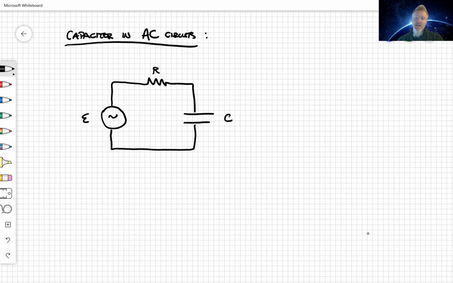And this is my C. And the voltage across the capacitor is the voltage across the capacitor. So this is going to be kind of interesting. Okay. So KVL still holds. So if I loop around, I would have said E, right? This is a function of time, right? This is E as a function of time minus delta VR minus delta VC should equal 0, right?